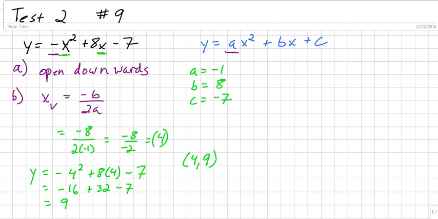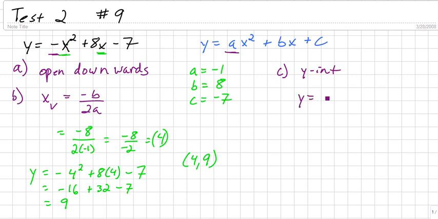Now, for part C, it asks us to find the y-intercept. There are a bunch of ways we can do it, but the easiest way is to remember that for the y-intercept, the x value is going to be 0. So we go back to the original equation and substitute 0 for wherever we see the x.